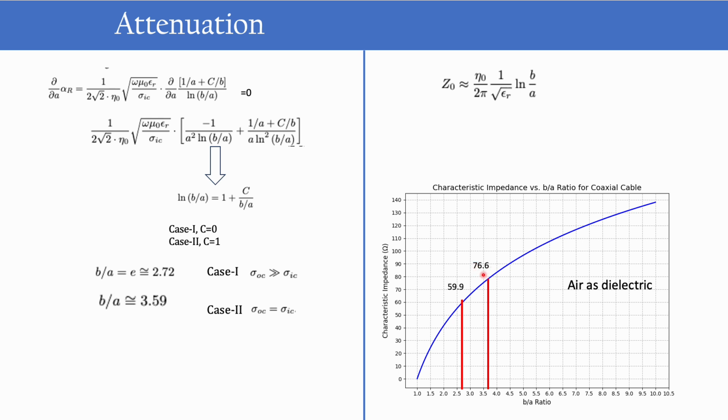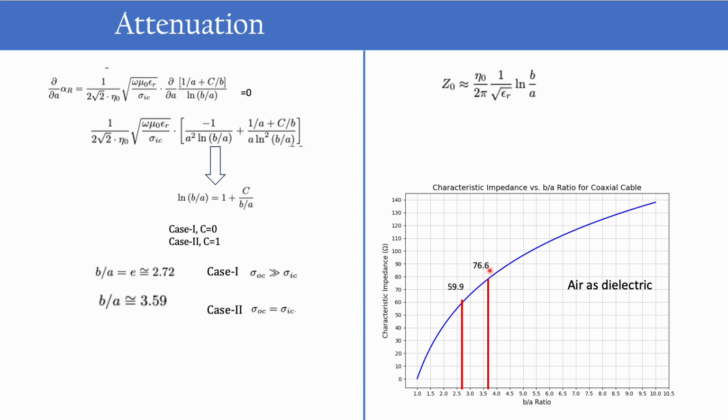So this indicates that when the conductivity of the outer conductor is greater than the conductivity of the inner conductor, and the characteristic impedance of the coaxial cable is 59.9, we can expect lower attenuation. And if the conductivity of the outer conductor is the same as that of the inner conductor, we can expect the characteristic impedance as 77, and then we can expect lower attenuation.